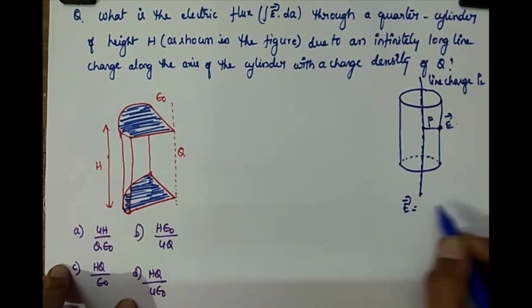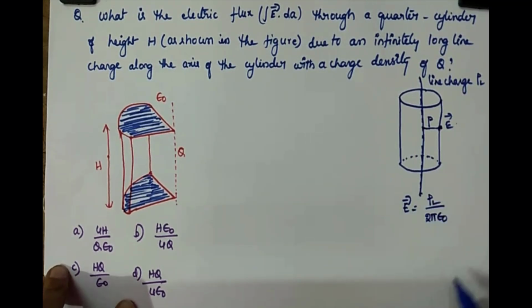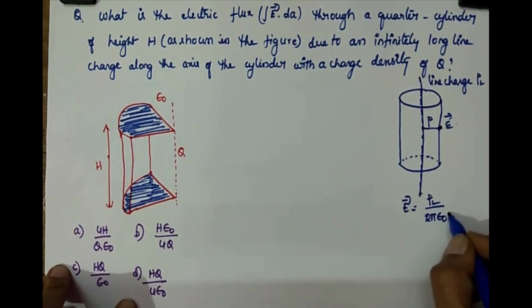is equal to rho L by 2 pi epsilon naught rho, in the direction A rho.